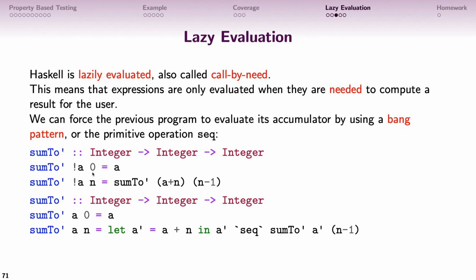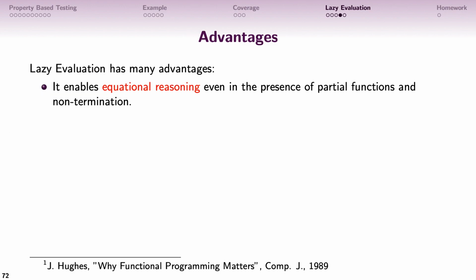Right, so why do we have lazy evaluation if it sometimes causes this problem? Well, it enables equational reasoning even when we have partial functions and non-termination. So if you imagine you have a program that could potentially infinite loop, right? In a strictly evaluated programming language, an eager evaluated programming language, like basically any other programming language you would have used, any non-terminating computation anywhere in your code that gets executed will cause the program to crash or not terminate.